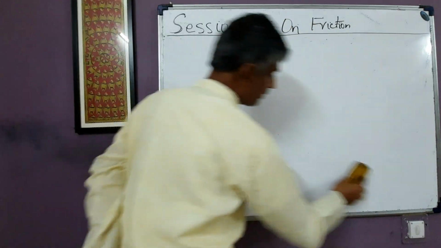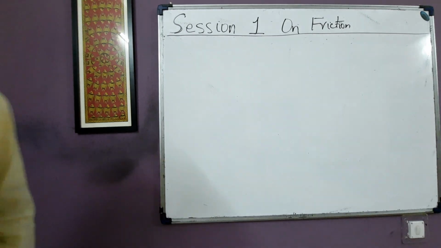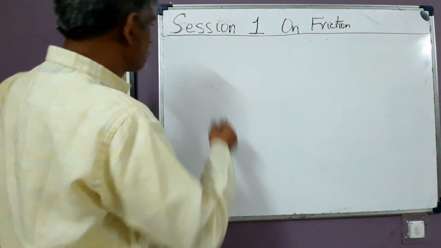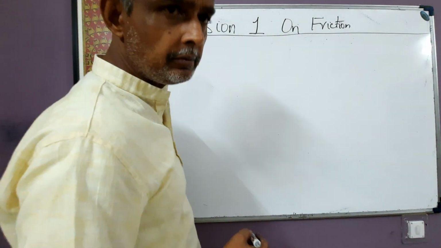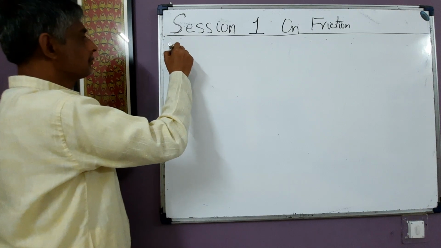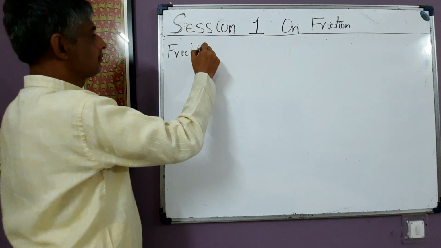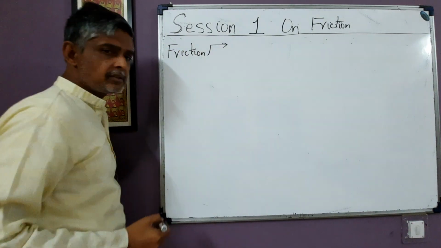Now, solid friction, or dry friction, or simply friction, can be divided into three types. First is kinetic friction.